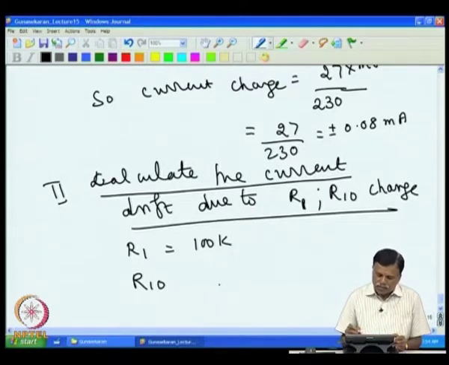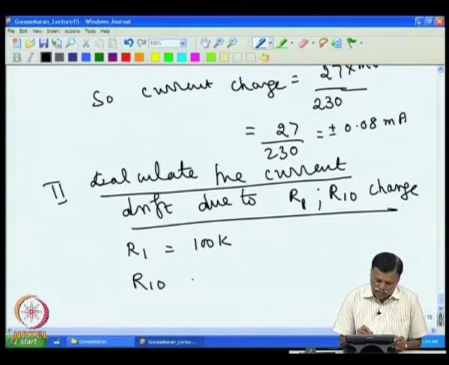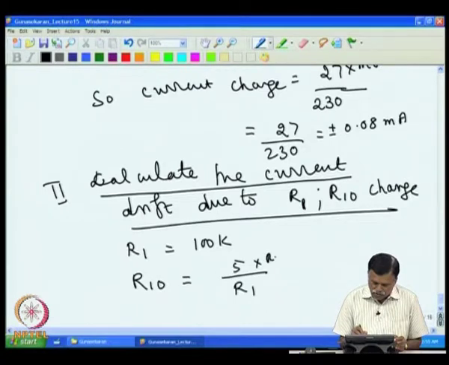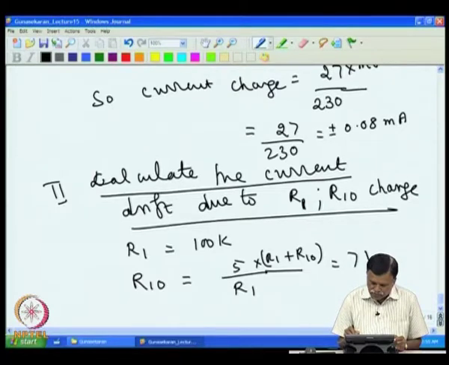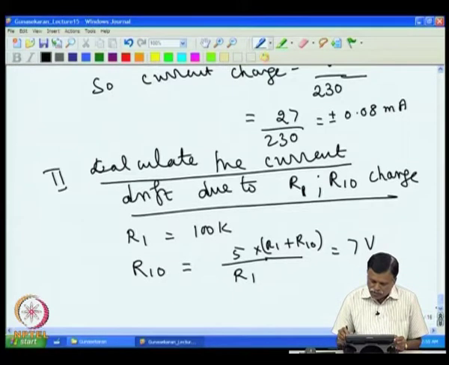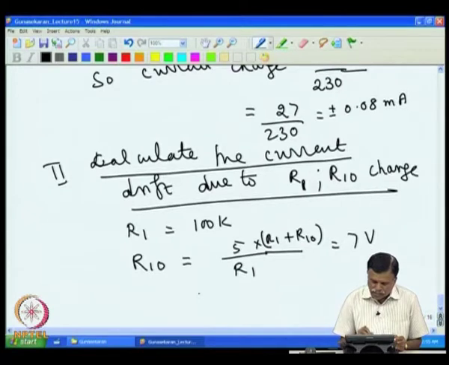Because we know the ratio between R1 and R10, we have already done this one. So, the voltage is 5 times (R1 plus R10) divided by R1, and that is supposed to be 7 volt. Now R1 is known, so R10 can be calculated.